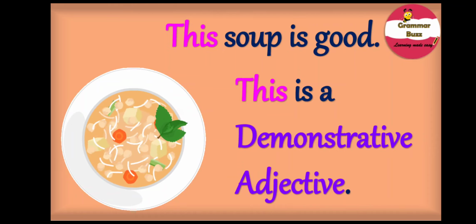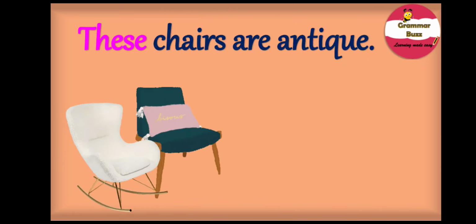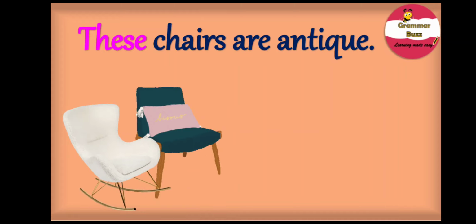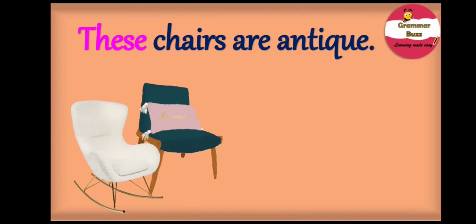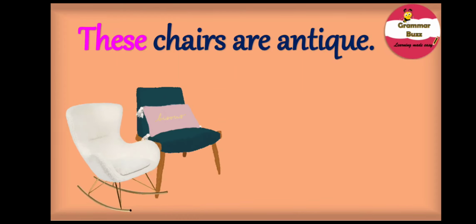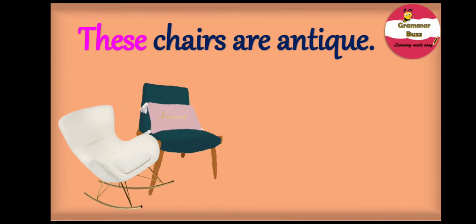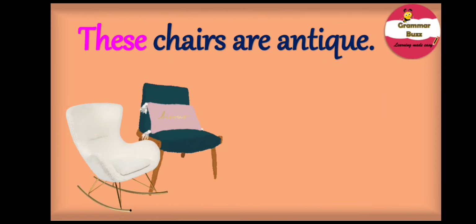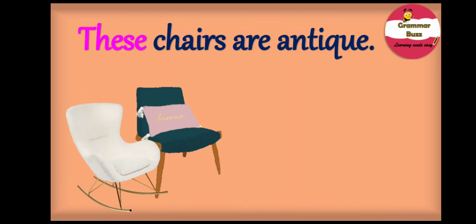Well, time for another example. And what do we have here? We have the picture of two chairs. And what does our sentence say? It says, "These chairs are antique." Well, in this sentence too, if you note, these comes before the noun chairs. So what is it doing?